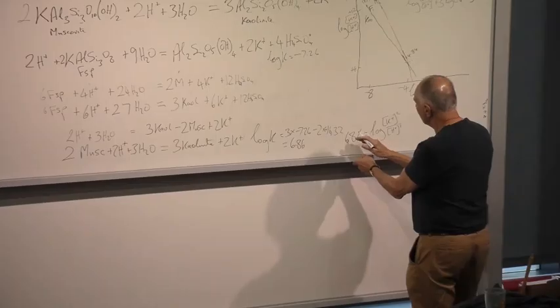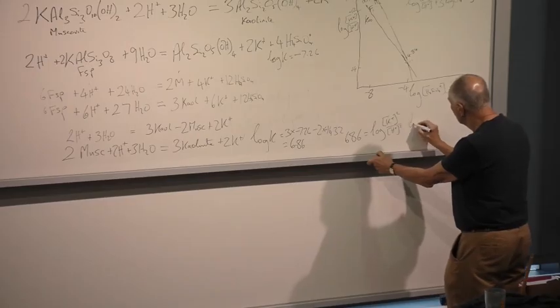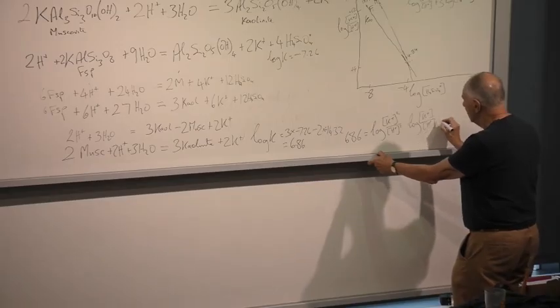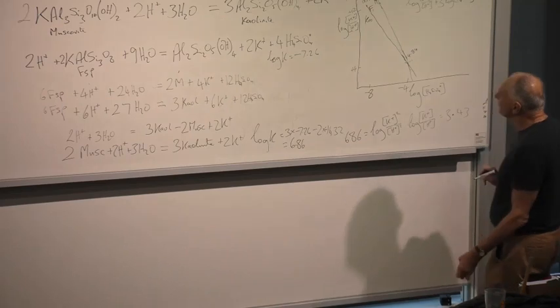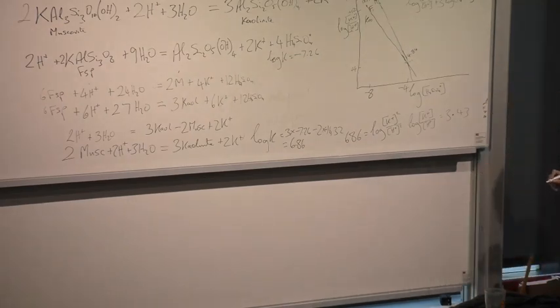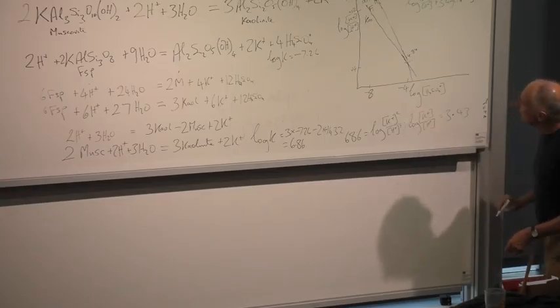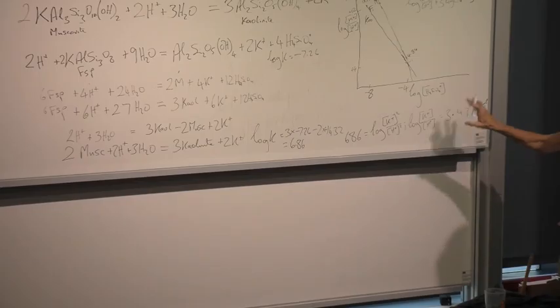Take the 2 outside and take it across. So log K plus over H plus is 3.43. There's no silica in the reaction, so it's independent of silica.